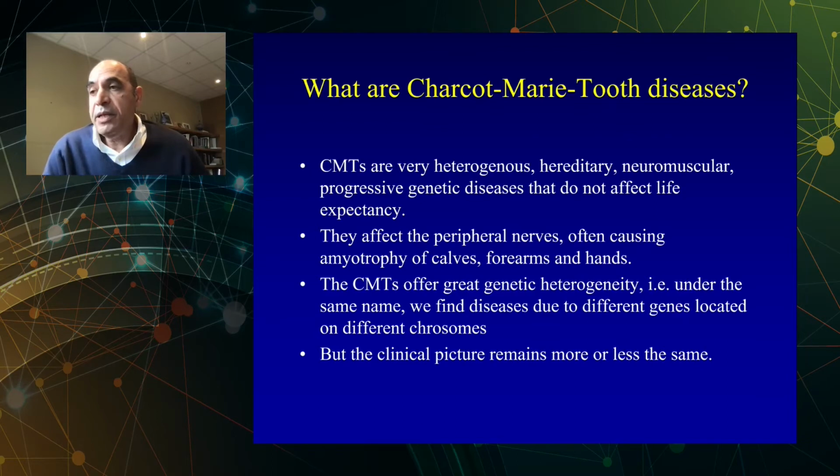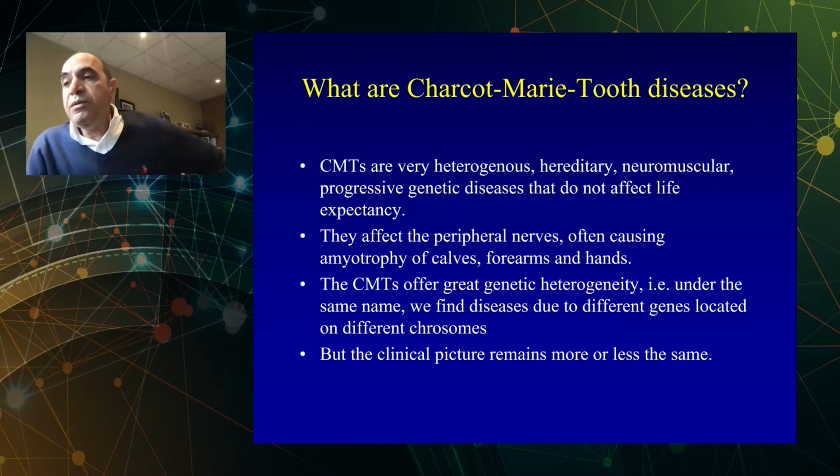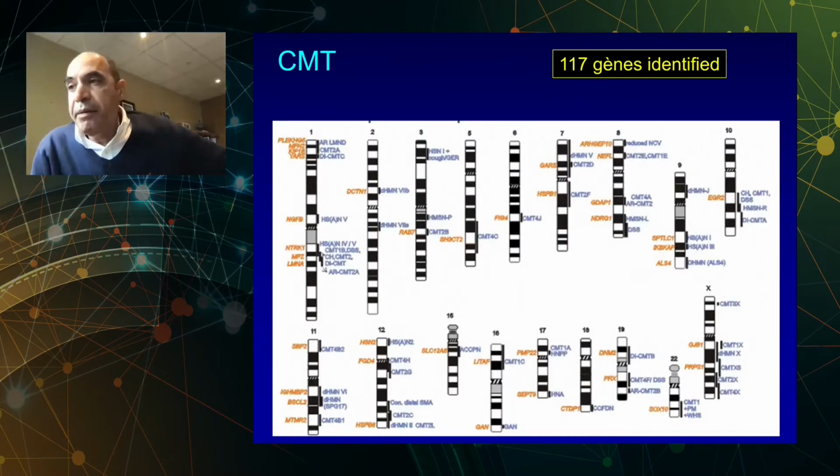So CMT, as I told you, is a very heterogeneous pathology. Under the same name, we find diseases due to different genes located on different chromosomes, but the clinical pictures and signs remain more or less the same.